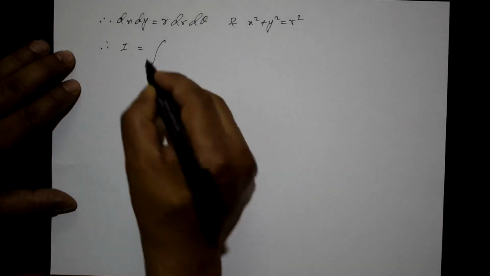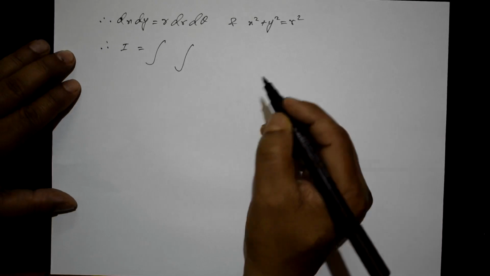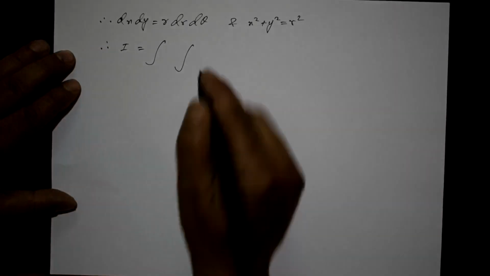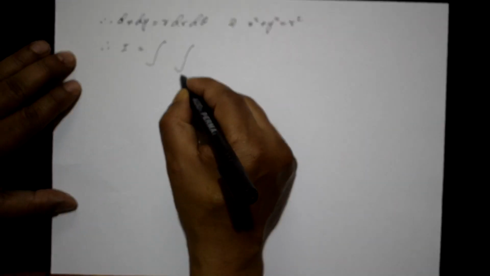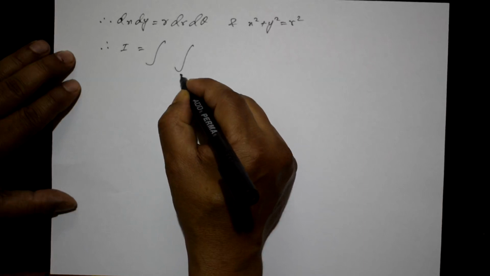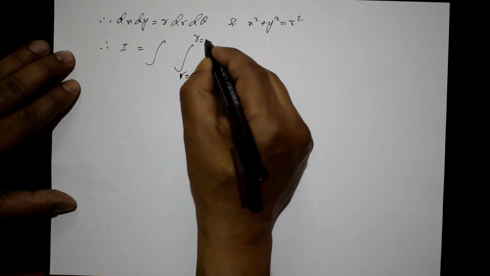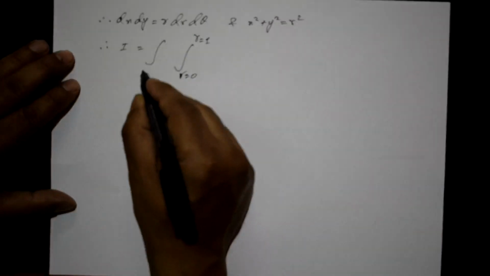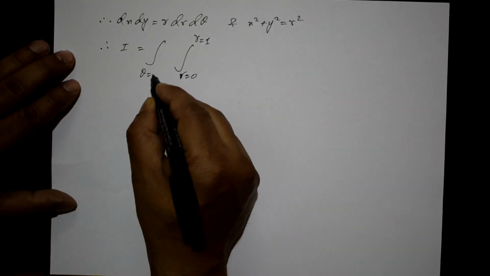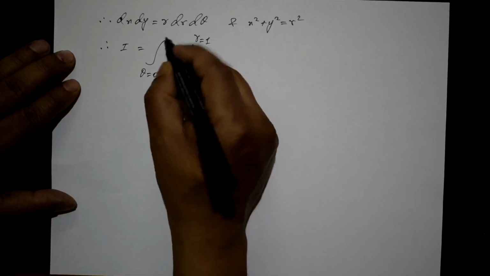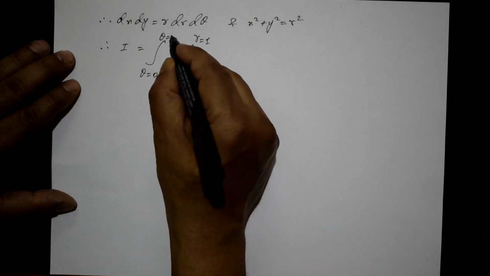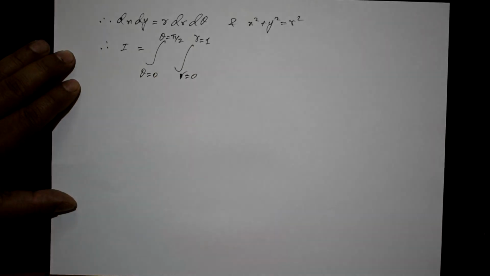Therefore, our integral changes. Now we will put the limits. r is equal to 0 to r is equal to 1 and theta is equal to 0 to theta is equal to pi by 2.